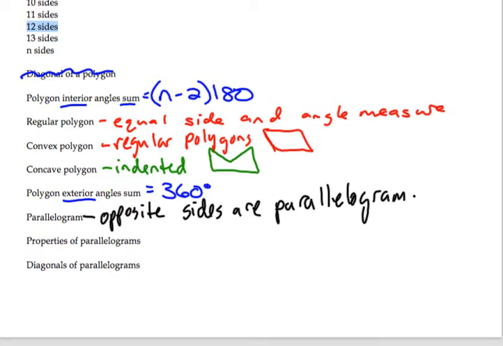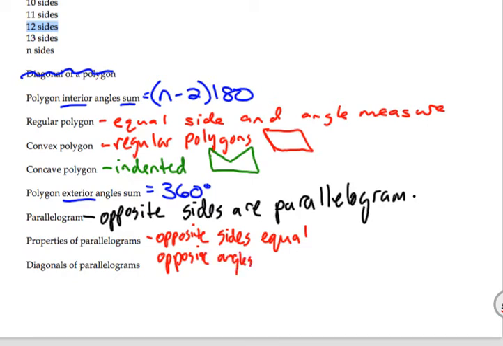Now, as far as properties of parallelograms go, you have opposite sides equal. You have opposite angles equal. You have consecutive angles supplementary.